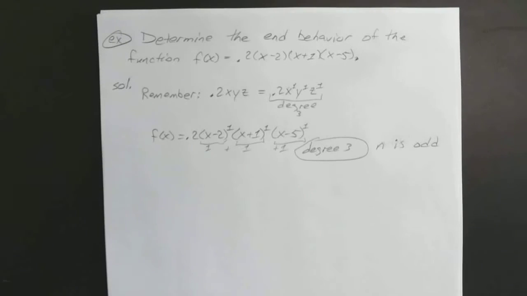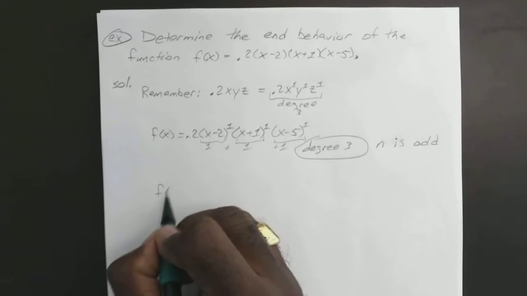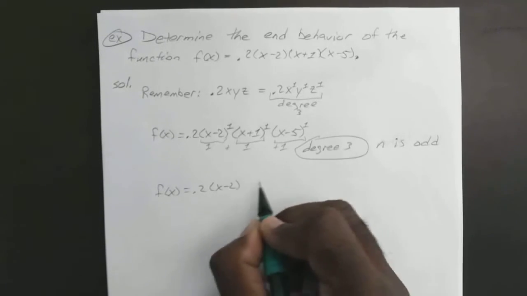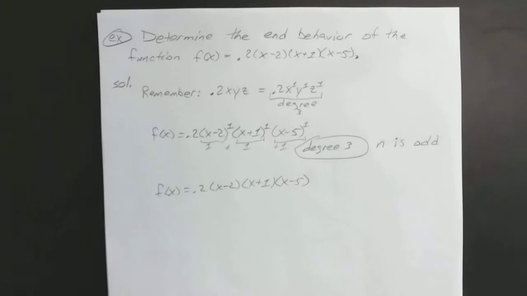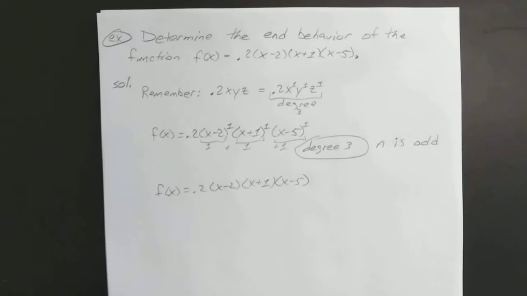But this keeps us from having to do all of that. Just trust me, that's 10 minutes you won't want to spend. So this way, we already know it's degree 3 without having to do all the FOIL method and distributing. Now I'll just rewrite it because I don't want to mix everything up.